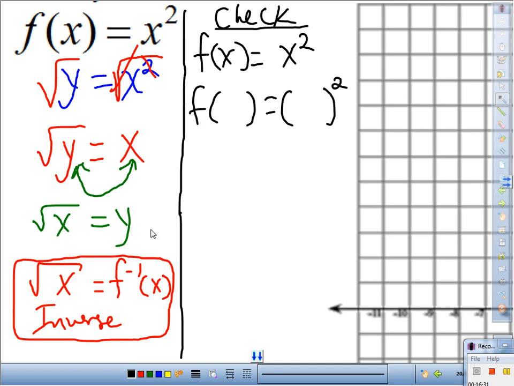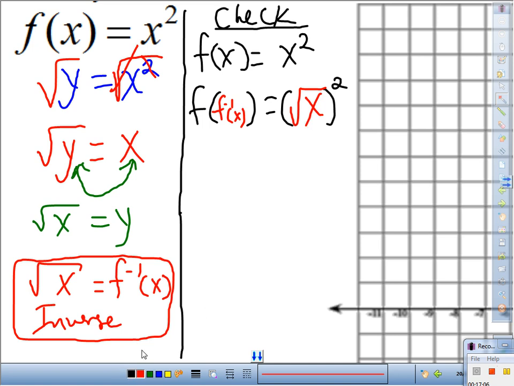Well, if we're checking to see if this is an inverse of that, then instead of the x, I'm going to write f inverse of x. So if that's true, this was the rule for this one, but what is the rule for the inverse? Square root of x, so that goes right here, square root of x.